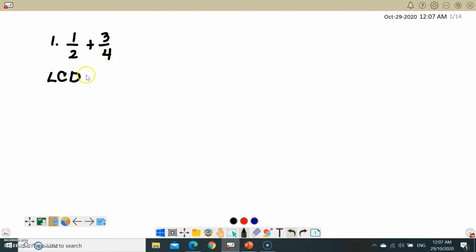So we are going to use the least common denominator as the common denominator of 1/2 and 3/4. How are we going to find the LCD? To find the least common denominator, we need to find first the least common multiple of the denominators. So, least common multiple.